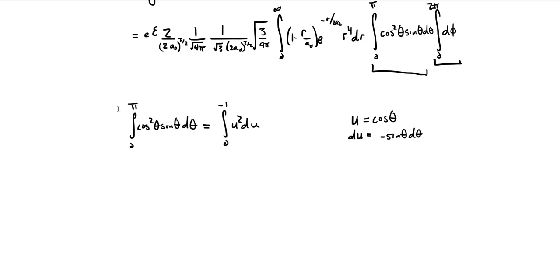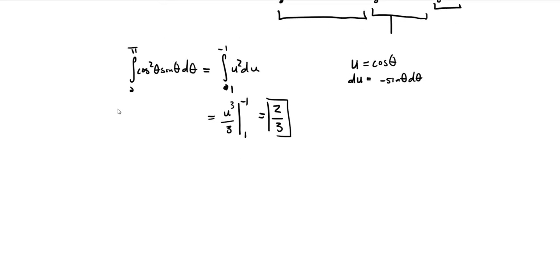We make that substitution, and the integral ends up being u cubed over 3, evaluated from 1 to negative 1, sorry, this should be 1 to negative 1. You do that integral, and we end up with 2/3. That's what this polar integral is. So all we have left now is to do this r integral.